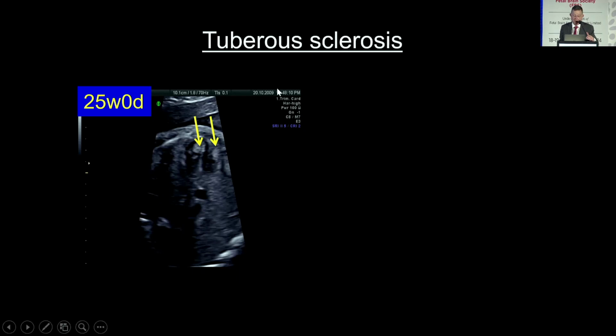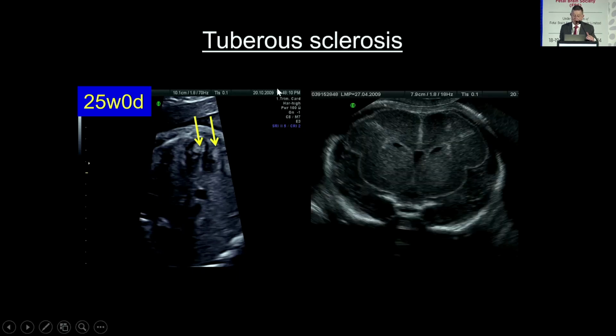It was in 2009. And when we looked at the brain, we were able to reach the diagnosis based on the presence of a single small tuber here. And here you see the cat ears. Yeah, they are there.